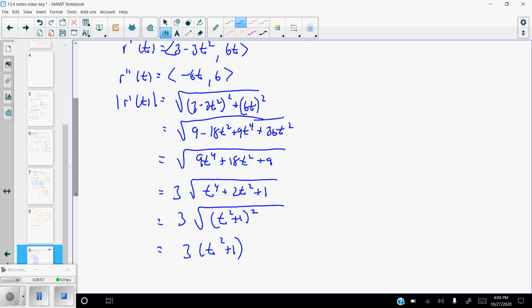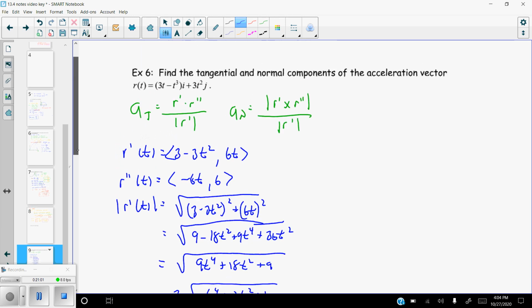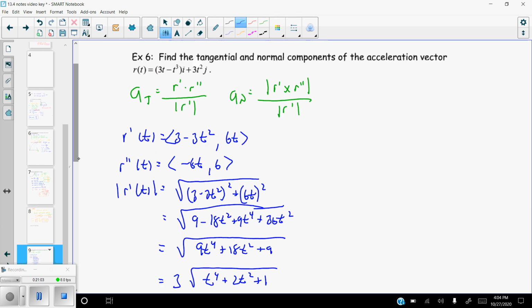All right, so what else do we need? We are going to need a dot product, and we're going to need a cross product. The dot product will be the easier part. So let's do r prime of t dotted with r double prime of t.